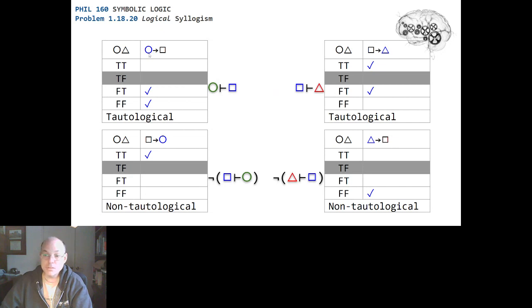For instance, when circle is false, we already know that the argument circle only if square is true. So we know that's true for these 2 cases in the first test. In the second tautology, when the consequent, in this case triangle, is true, it doesn't matter what the antecedent is.